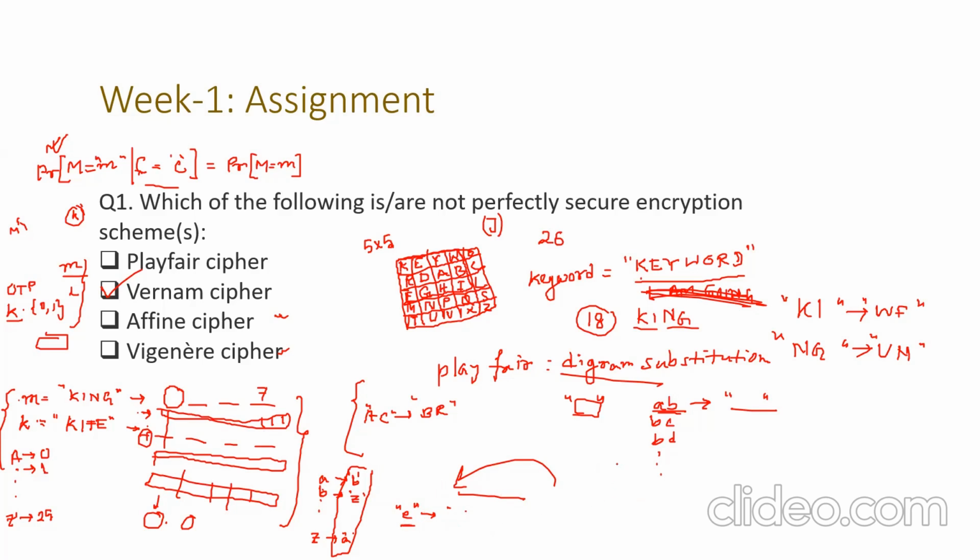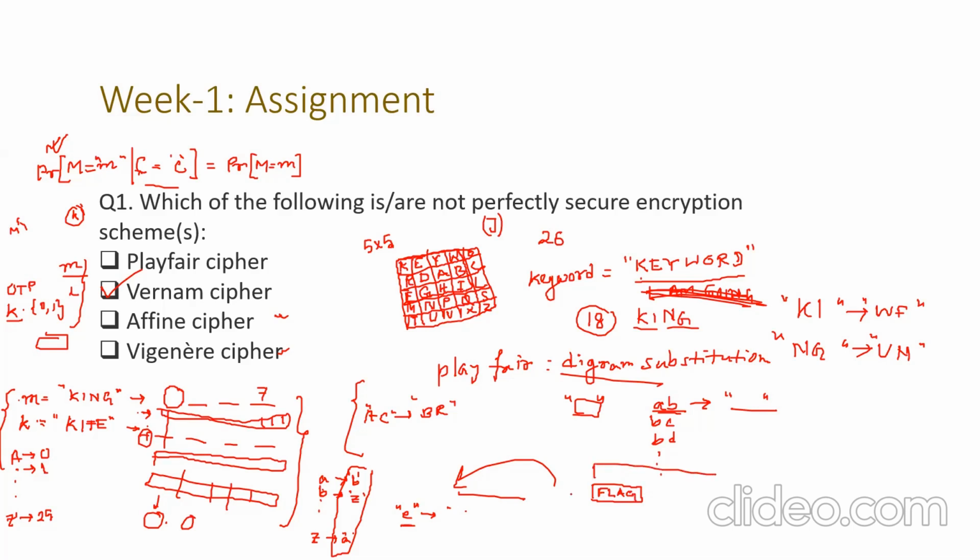And in the Vigenere cipher, you have a fixed key length. The key is again some English word. Let's say FLAG is the key. This has length 4. We call this the period.